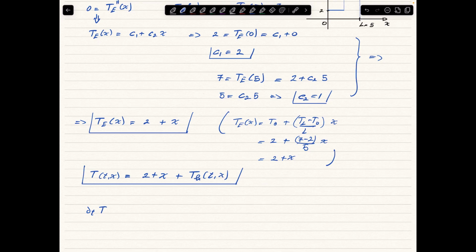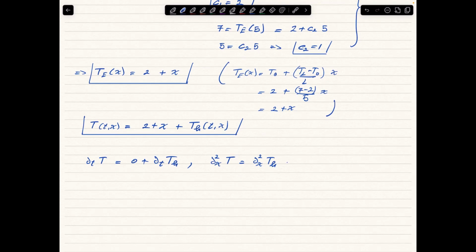The derivative with respect to t is nothing more than 0 plus the t derivative of TH. The second derivative with respect to x of the equilibrium part is 0, and it is equal to the second derivative with respect to x of TH.